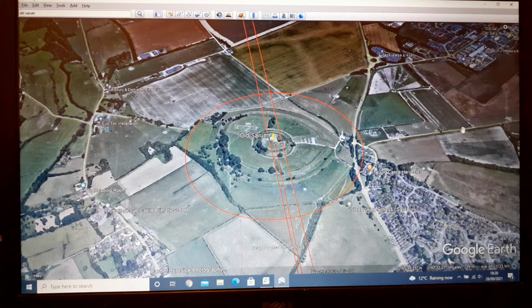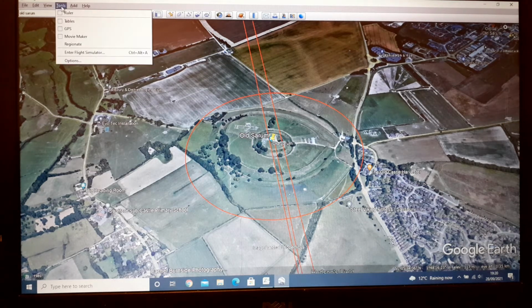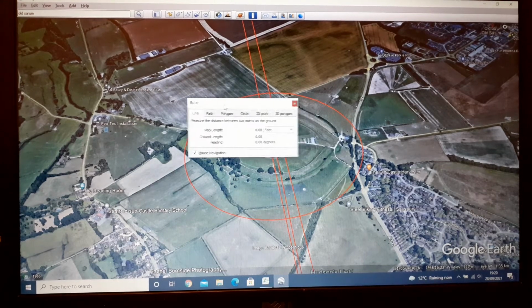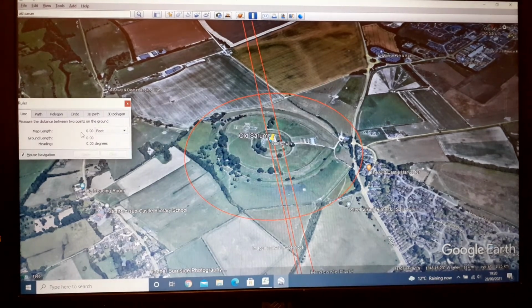So we've got to click on Tools, and we're going to measure the distance between Old Sarum and Avebury, remembering that this map is the map these lines were drawn in the very first presentation in this series of presentations.